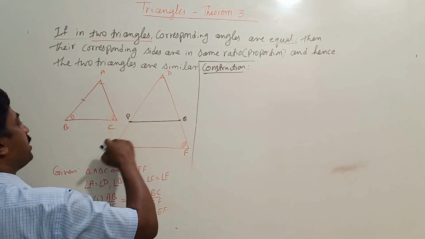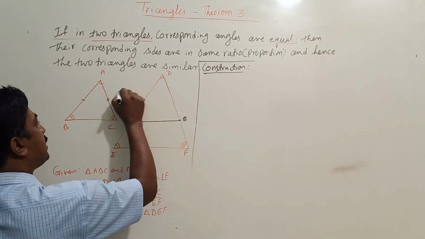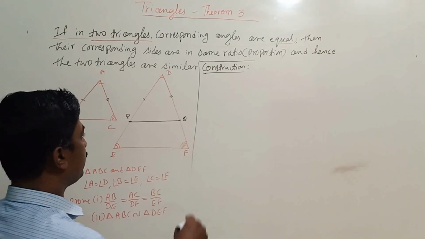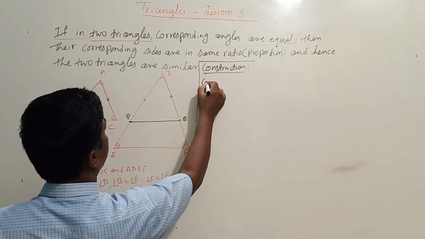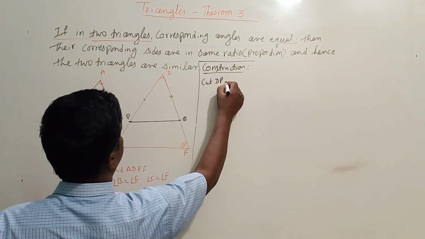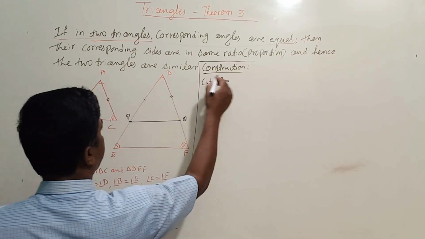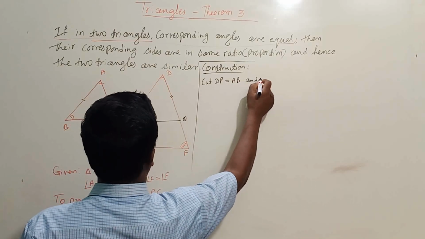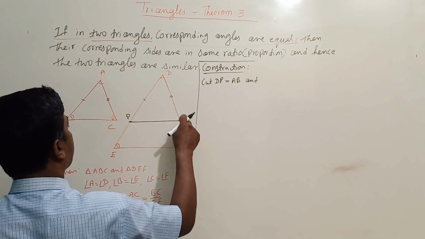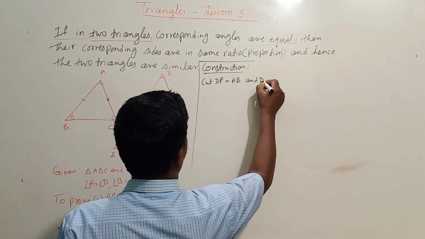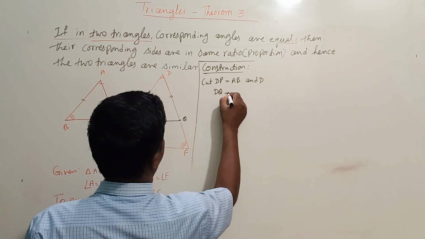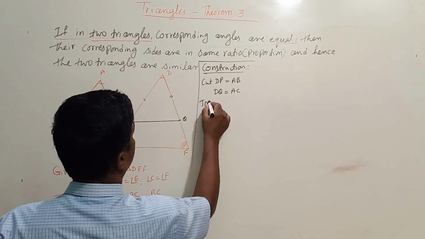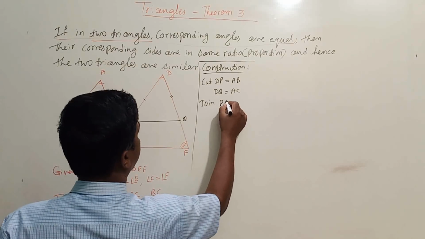Means AB is equal to DP and AC is equal to DQ and join PQ. This is the first one. So what I'm going to do here? Cut DP equal to AB. And DQ is equal to AC. After that, join PQ.